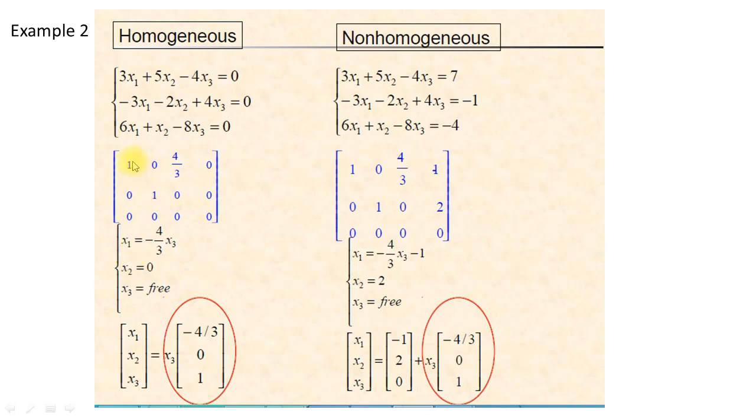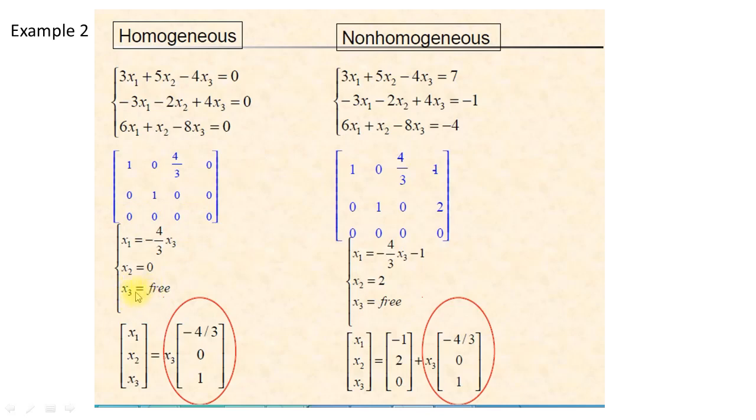This is the coefficient of x1, and this is the coefficient of x3. So we can write x1 plus 4/3 x3 is equal to 0, and we can write x1 is equal to minus 4/3 x3, and here this is the coefficient of x2, so x2 is equal to 0. But from this third row you see here that the x3 variable is free.